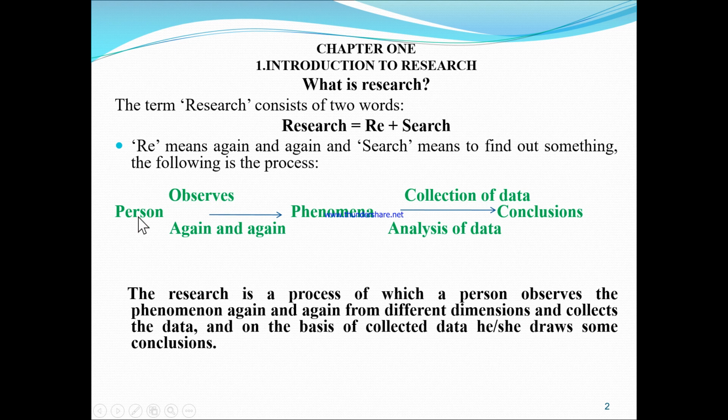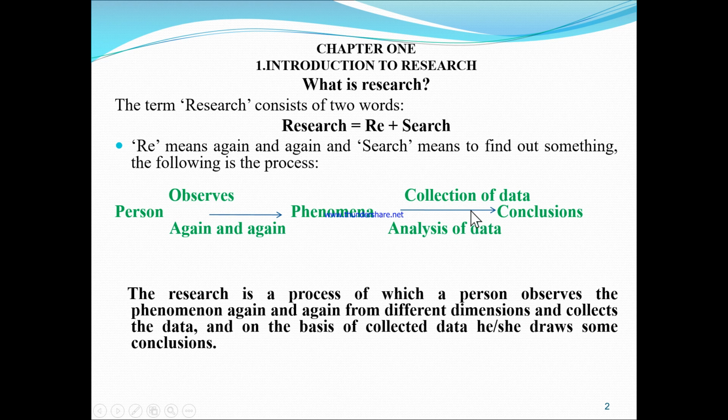So this person or individual can be a company, a country, or the one who tries to search a given hidden thing. So this is a problem or a fact, an incident, or any happening, and this individual tries to observe this phenomenon again and again.